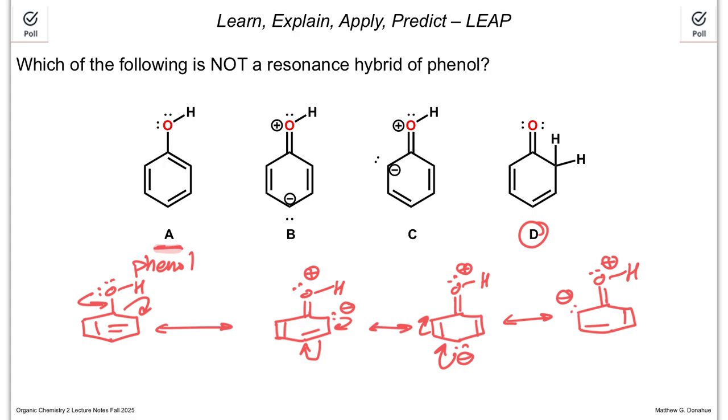So if you notice, where is the negative charge not located? In terms of the ring. So here we have a 1, 2. Here we have a 1, 4. Notice that the negative charge never ends up in the third position because the benzene ring is the nucleophile that's supplying the electrons.